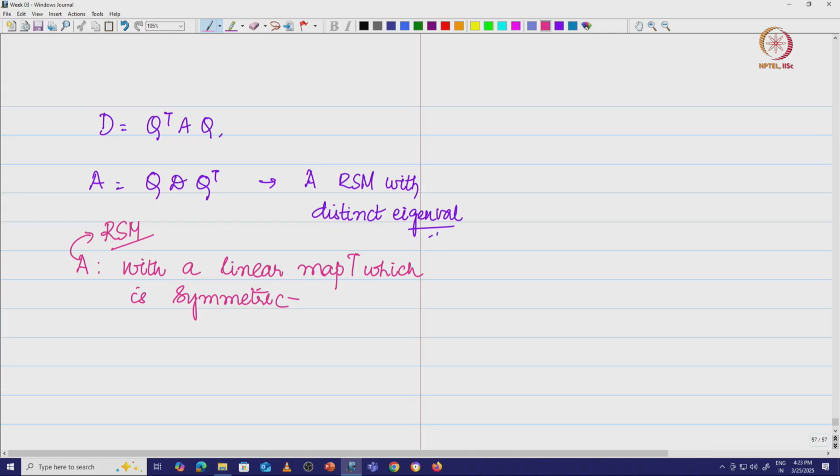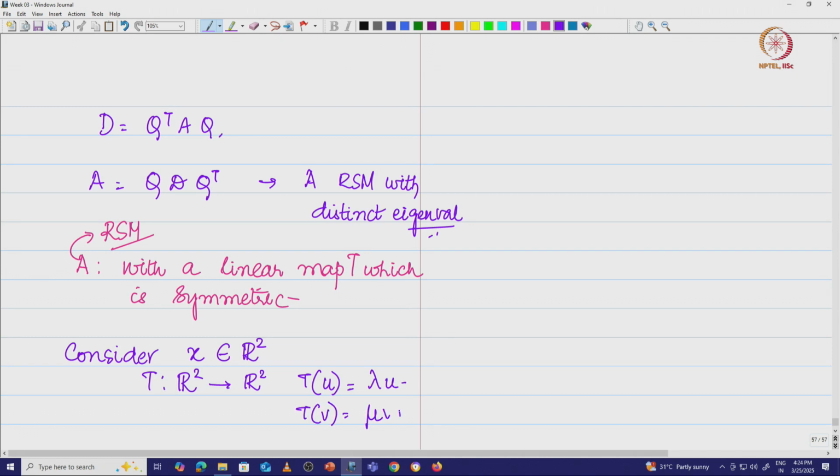Now consider T mapping R2 to R2, with T of U equal to lambda U and T of V equal to mu V. This implies AU is equal to lambda U and AV is equal to mu V.